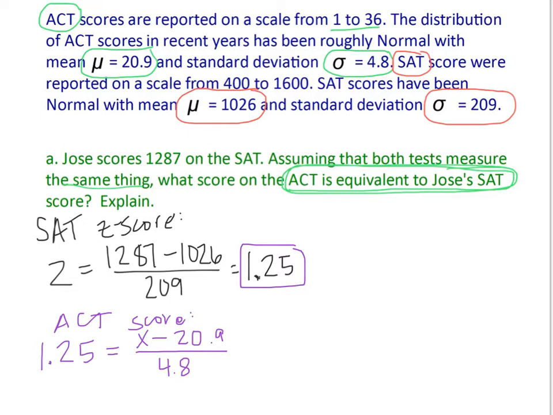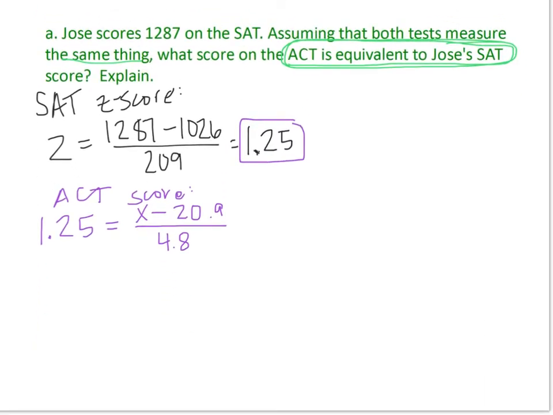So what I just did is I took the z-score from the SAT and I'm using that z-score to find his ACT raw score. So when I do some arithmetic, I multiply by 4.8 on both sides. So I get x minus 20.9 because those 4.8s cancel.